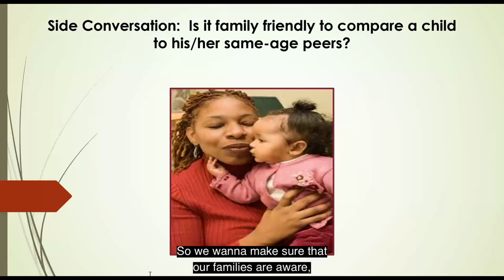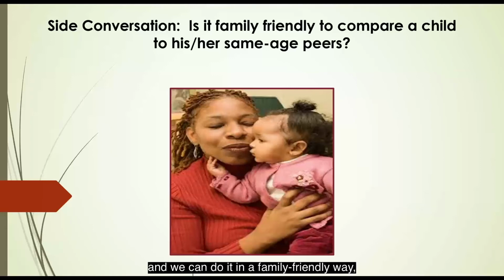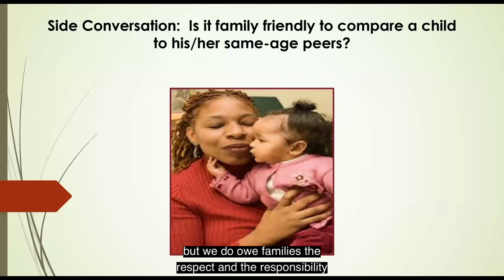So we want to make sure that our families are aware, and we can do it in a family-friendly way. But we do owe families the respect and the responsibility to be honest.